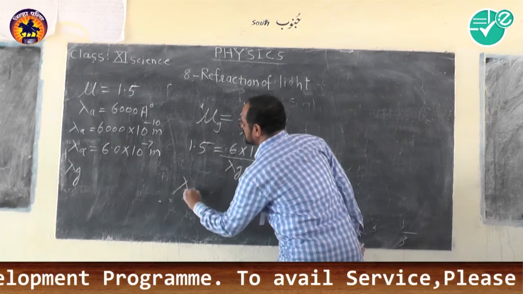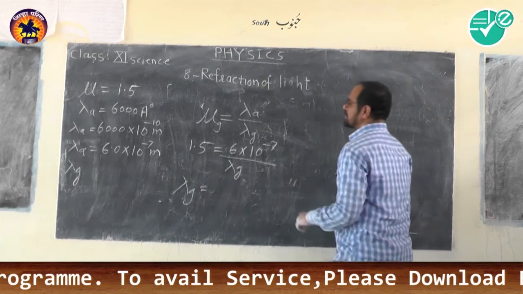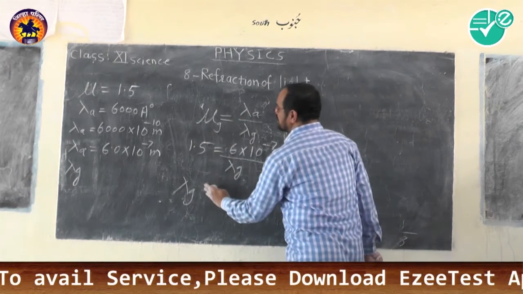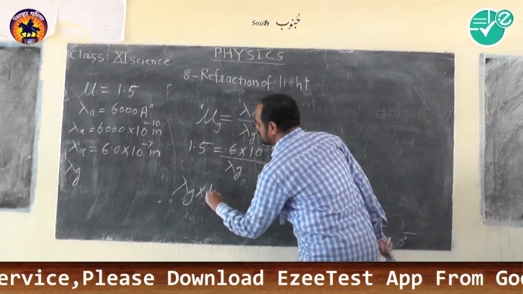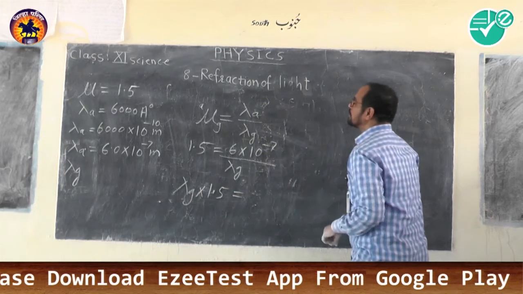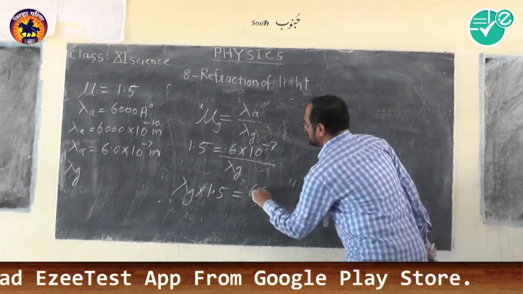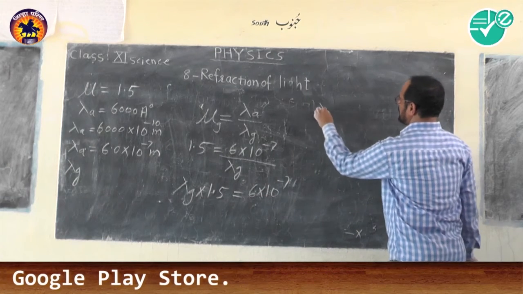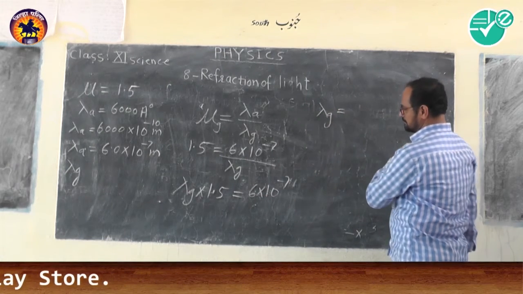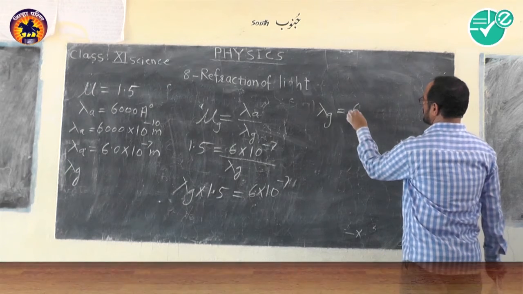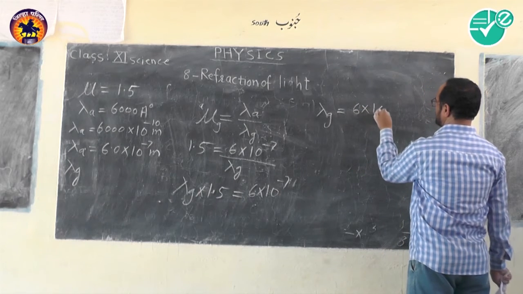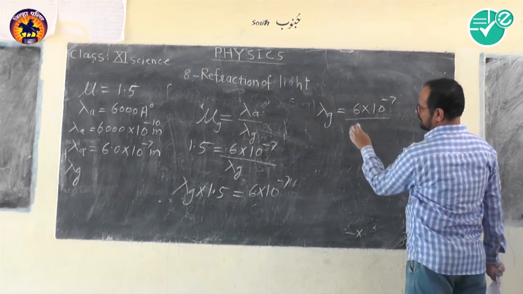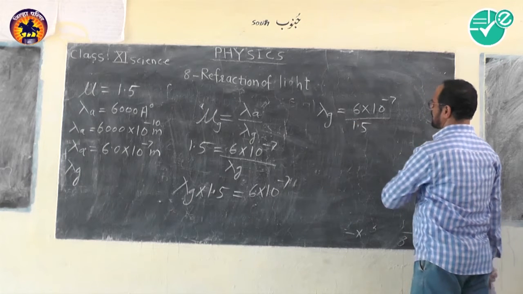So here lambda g will be equal, now we will take the cross multiplication. Lambda g into 1.5 is equal to 6 into 10 to the power minus 7. So lambda g will be equal to 6 into 10 to the power minus 7 upon 1.5.